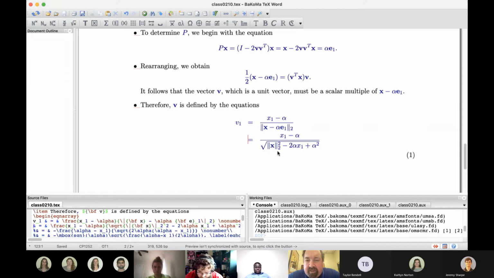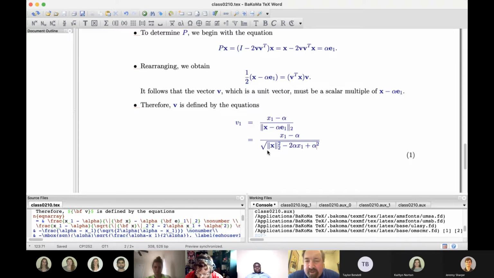Well, the norm of a difference of vectors is the norm of the first one squared minus 2 times the dot product of these. But all the elements of this vector are 0 except the first one. So I'd have alpha times 1 times the first element of X, which is x1, plus the norm of this squared, which is alpha squared.